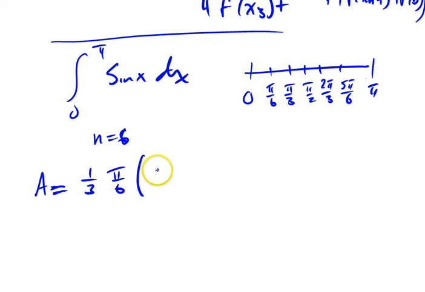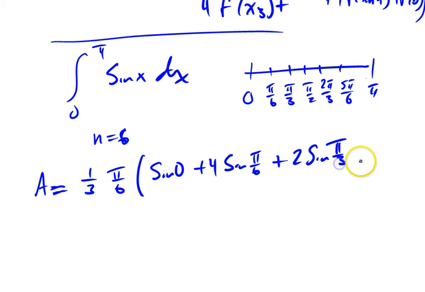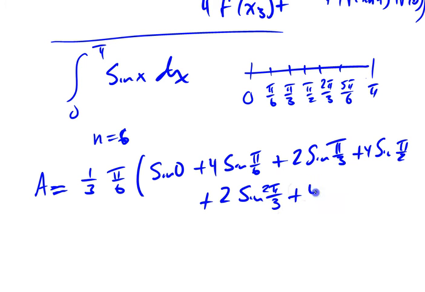And so then I want the sine of 0 plus 4 times the sine of pi over 6 plus 2 times the sine of pi over 3 plus 4 times the sine of pi over 2 plus, what am I, 4, 2, 4, 2 times the sine of, what was next, 2 pi over 3 plus 4 times the sine of 5 pi over 6. It always is a 4 just before the very last one, which is just a 1 times the sine of pi.